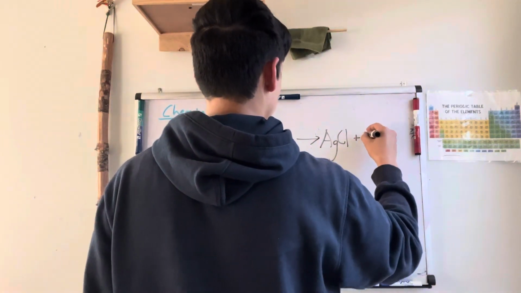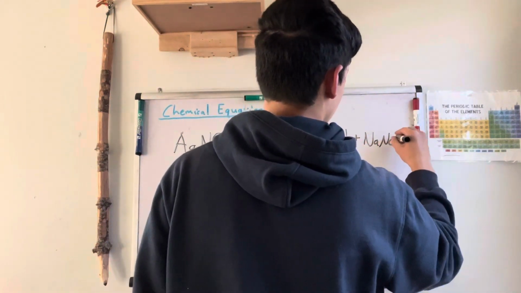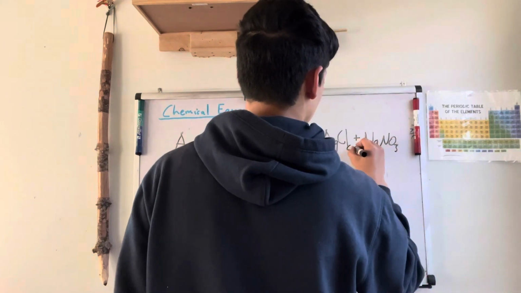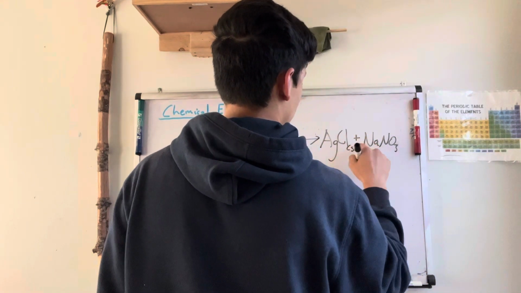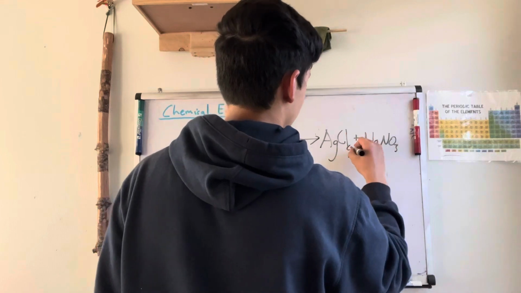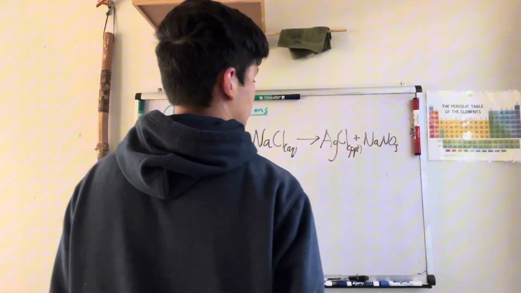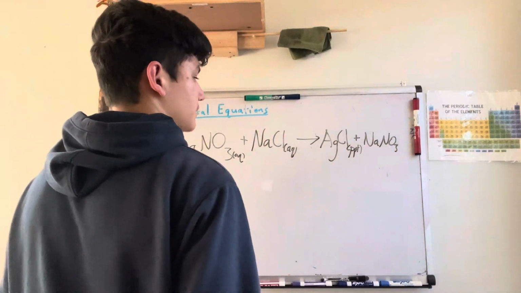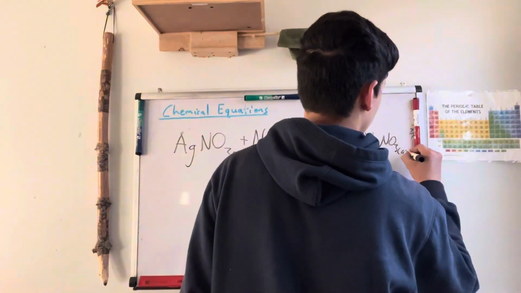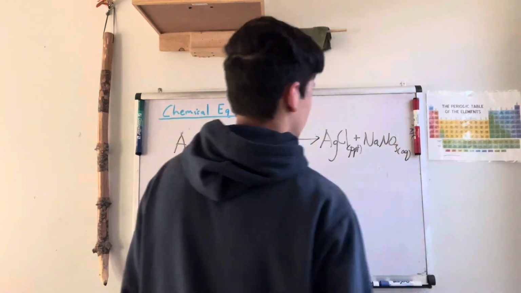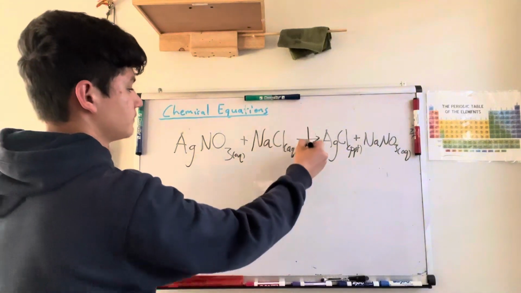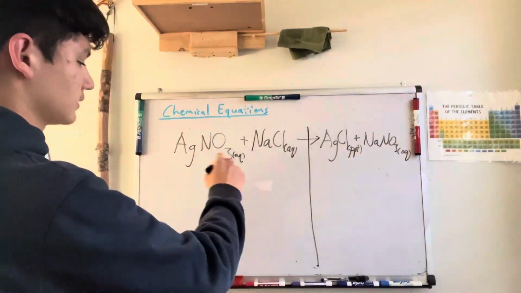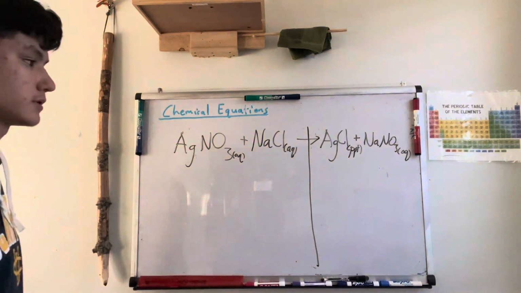And then we have sodium nitrate. We'll talk about precipitates later, but silver chloride will be a precipitate. And then our sodium nitrate will be aqueous. All right, now let's get to assigning the numbers and the whole shebang.